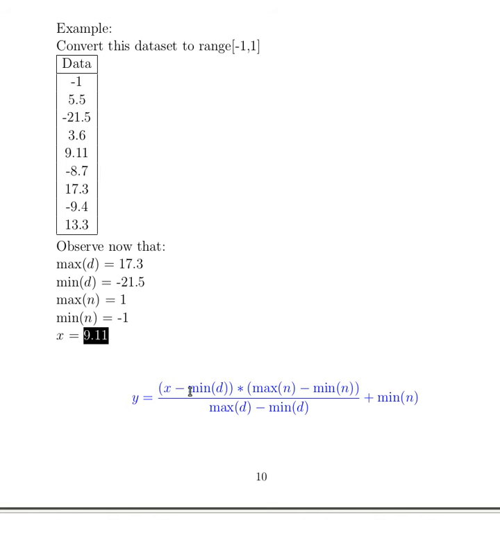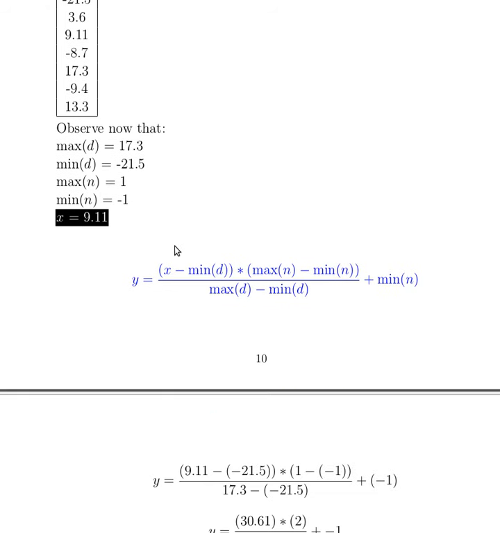Remember the formula was X minus min D, times max N minus min N, over max D minus min D, plus min N. We know these values from our data, our range and our input point. So let's substitute now.